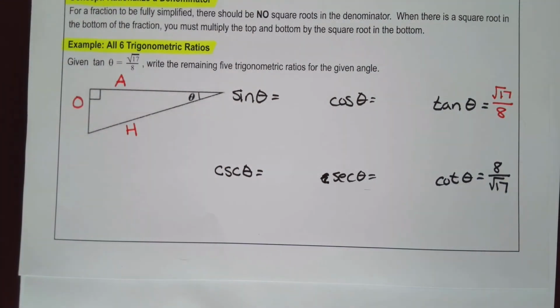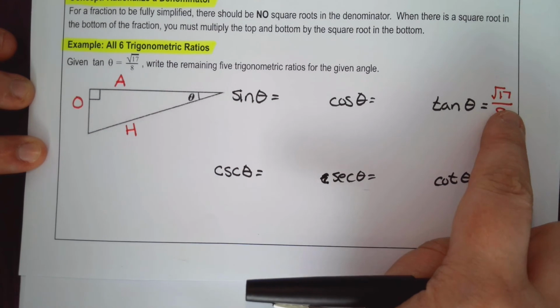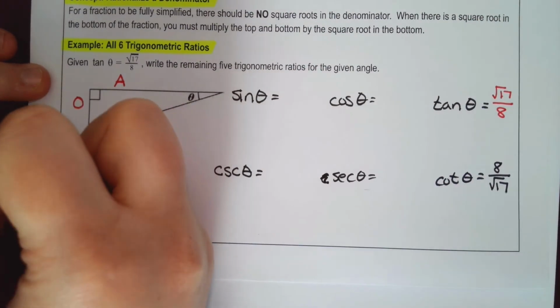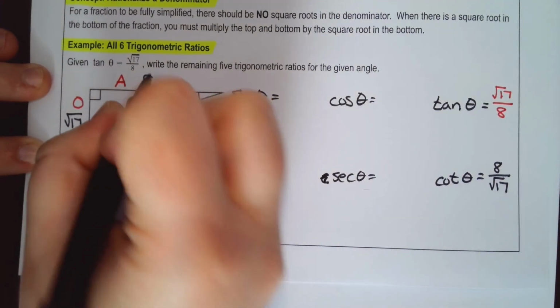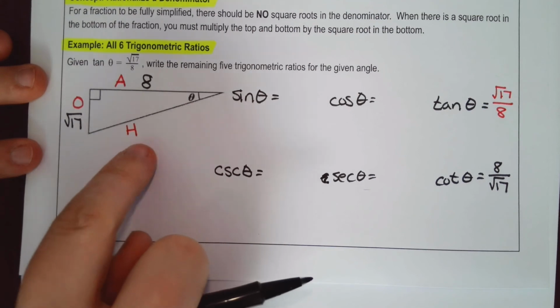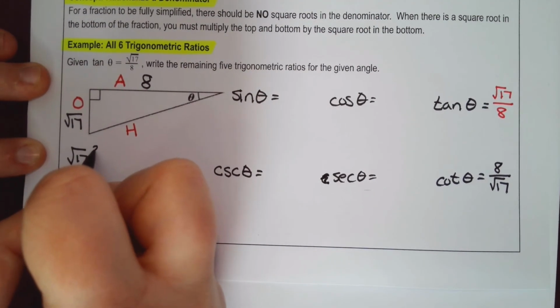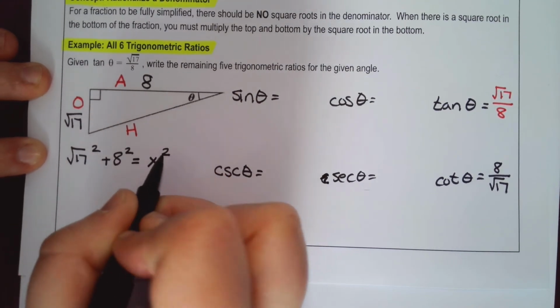Let's find out what our triangle is. So tangent is opposite over adjacent. So the opposite is root 17. The adjacent is 8. So we need to find our hypotenuse. So the square root of 17 squared plus 8 squared is equal to x squared.